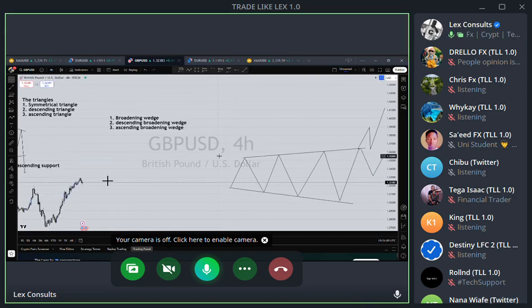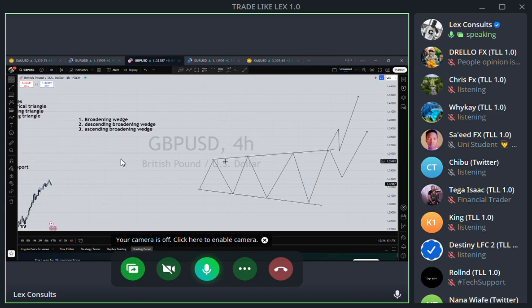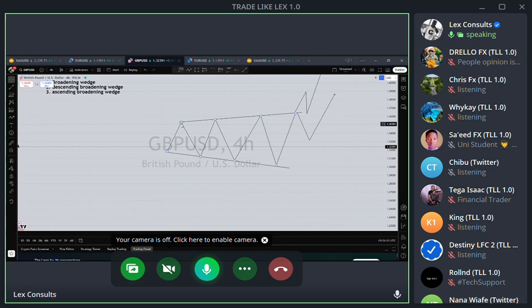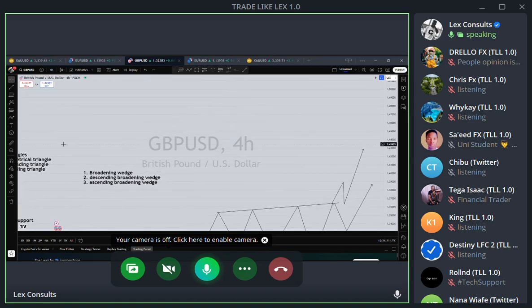And then a descending Bodney wedge. What's this? Okay. Of course, this resistance is ascending, this support is descending. Okay, so that's how it is broadening. The resistance is ascending, the support is descending.